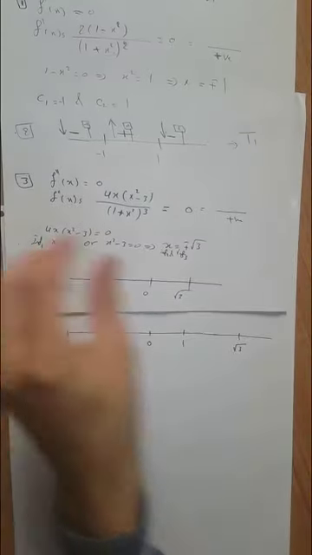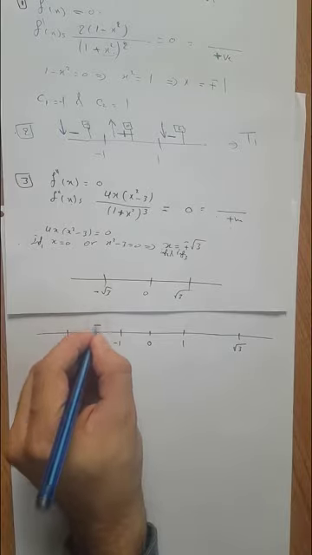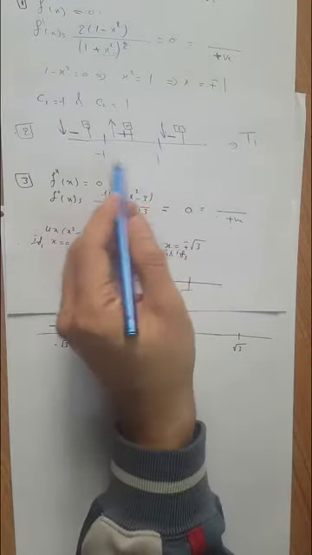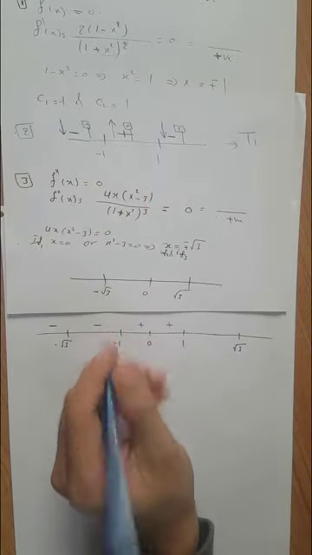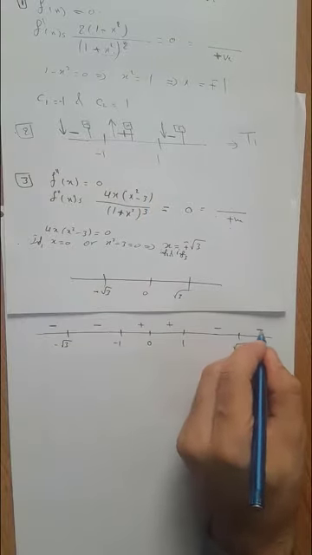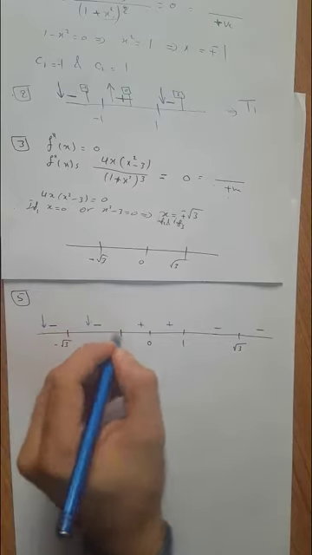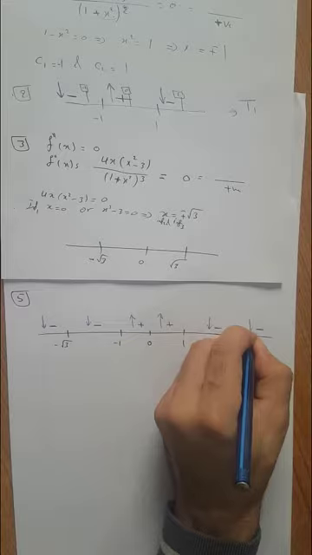Now it's time to put table 1 here. After 1 I have negative, between 1 and minus 1 I have positive, again after 1 I have negative, which means decrease, then positive, increase, and decrease again.